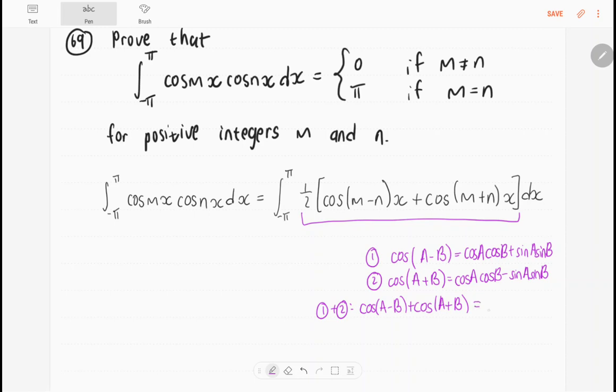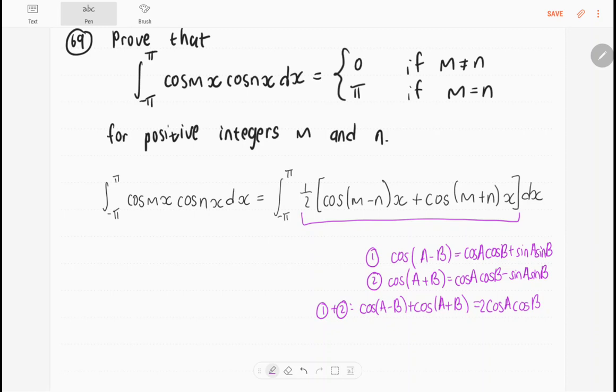And then on the right hand side, those two sin terms are going to cancel, and I'm only going to be left with cos of a cos of b plus cos of a cos of b. So in other words, it's just 2 times cos of a cos of b.